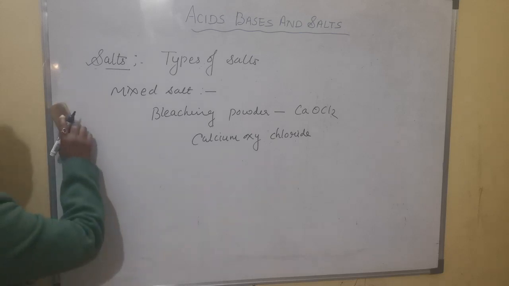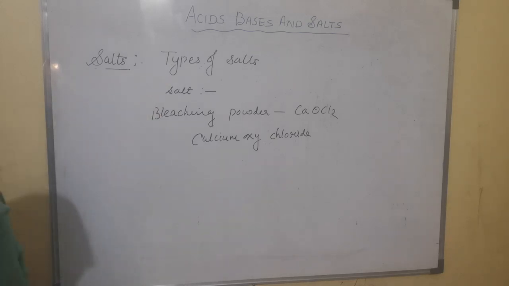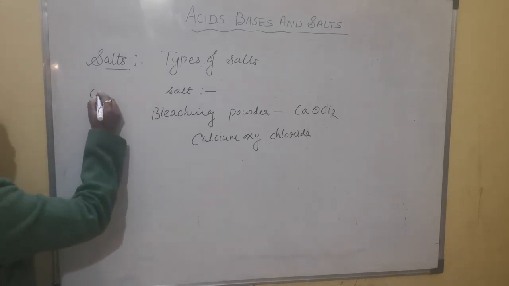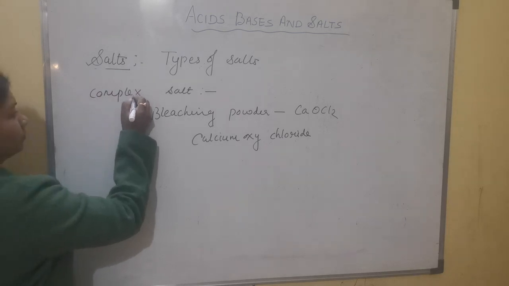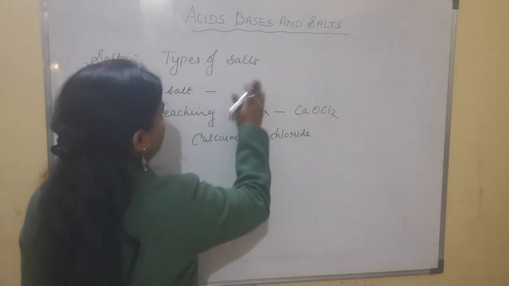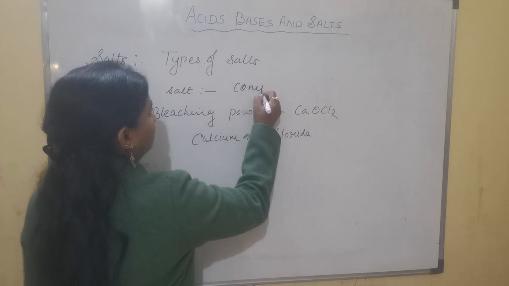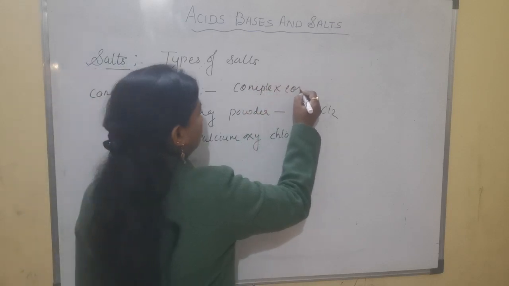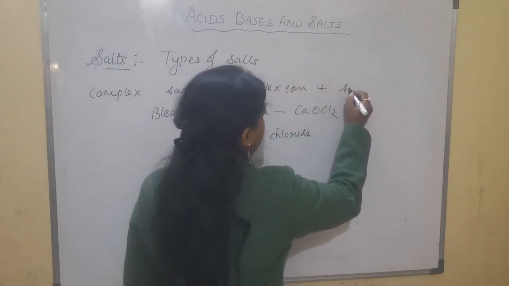And the last type is complex salt. A complex salt on ionization gives a complex ion and a simple ion.